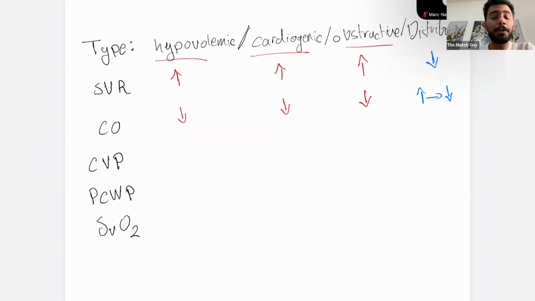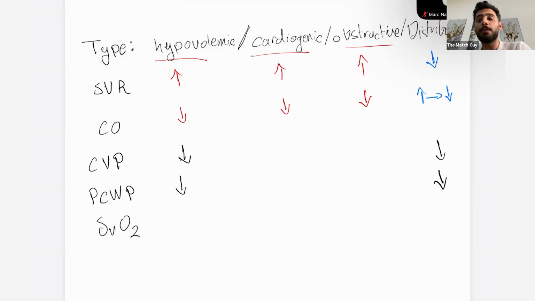The central venous pressure and the pulmonary capillary wedge pressure in hypovolemic shock, since we said we have low volume in the body, both of them are going to be low. Also, in distributive shock, since you're going to be relatively hypovolemic, or intravascularly depleted, the amount of fluid inside of the blood vessels is actually low compared to the size of the blood vessels. So the CVP and the PCWP should be low as well in both cases.